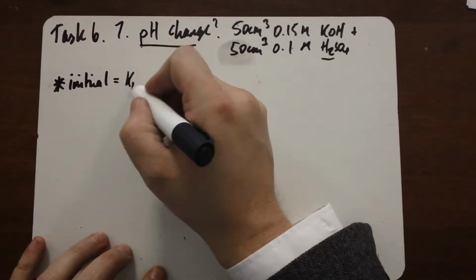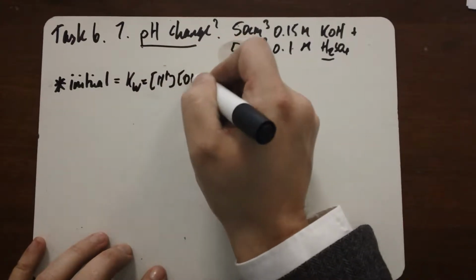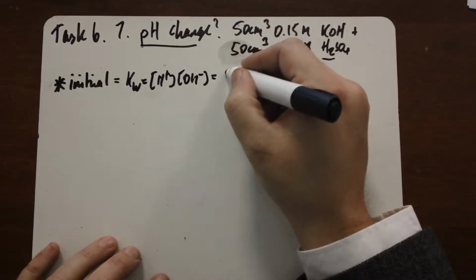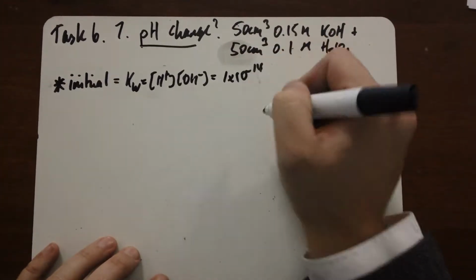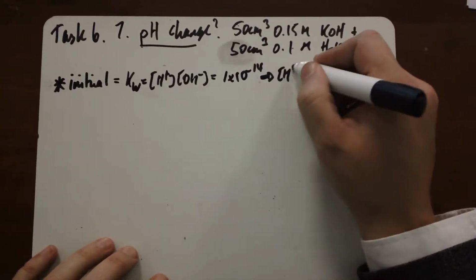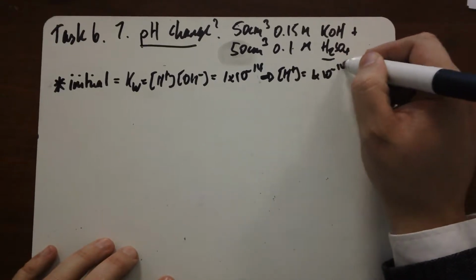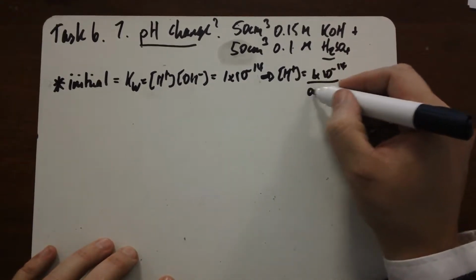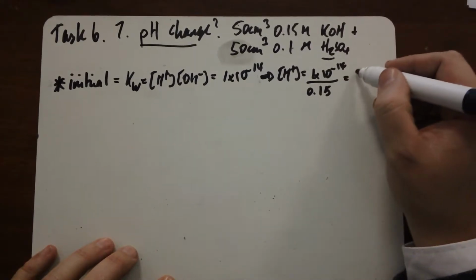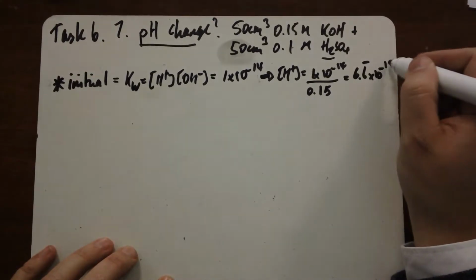So you need to use your Kw, which is equal to H plus times OH minus concentrations. We know that's equal to 1 times 10 to the minus 14. So we need to rearrange that to work out the H plus concentration, and that equals 1 times 10 to the minus 14 over 0.15, and that equals 6.6 recurring times 10 to the minus 14.